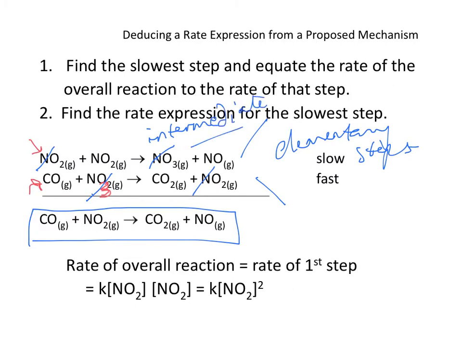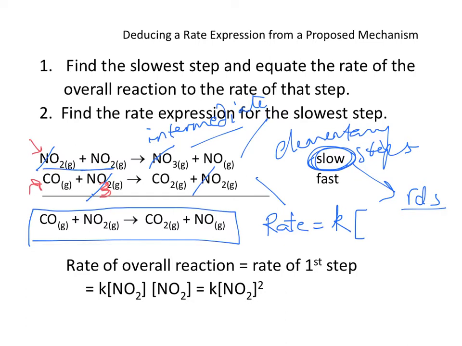So you should know how to identify what's what, okay? And the one step which is slow is basically your RDS. So if that is your rate determining step, hopefully you can see that you should be able to write down the rate expression for that step as rate is equal to K times, and then what are the reactants? We have 2 NO2s, so I'm just going to write both of those.